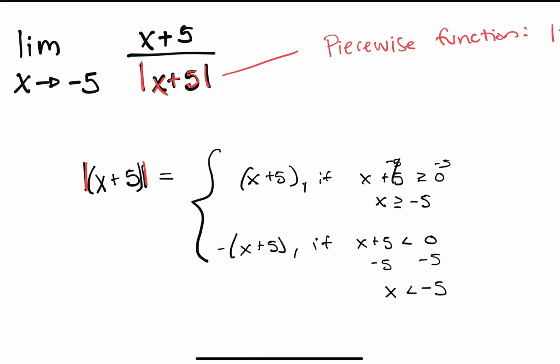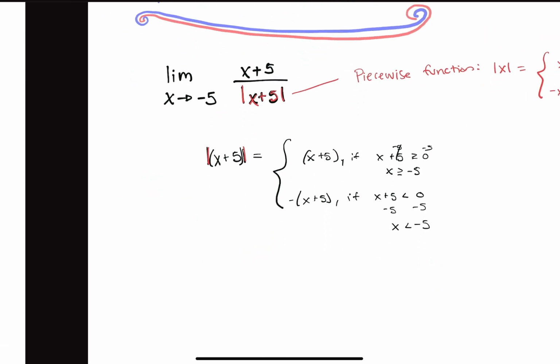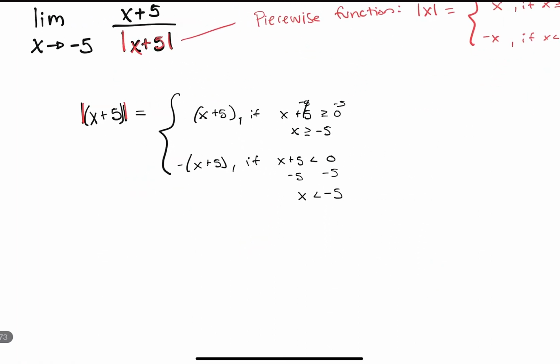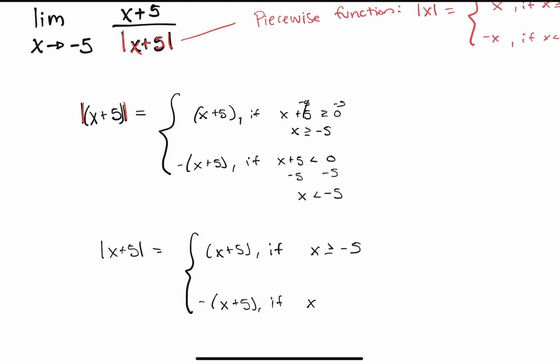And so now rewriting this form, the absolute value of x + 5 is equal to x + 5 if x is greater than or equal to -5, and then we're going to have negative (x + 5) if x is less than -5.